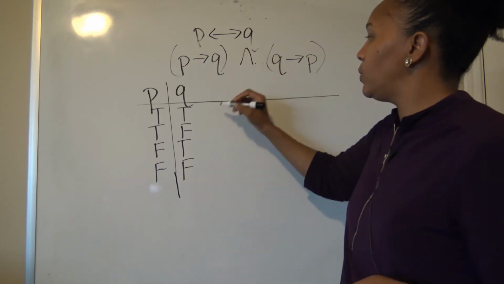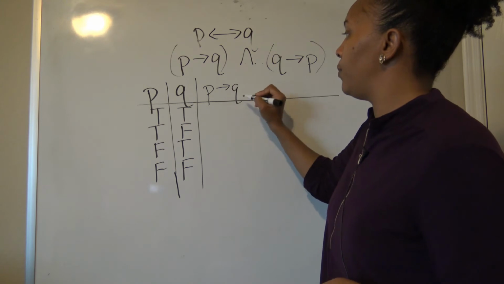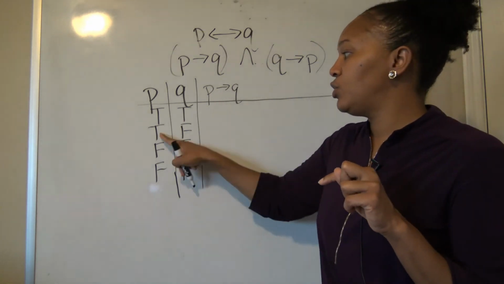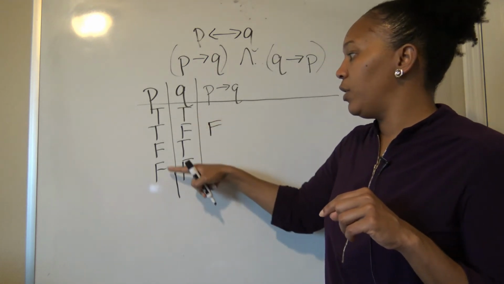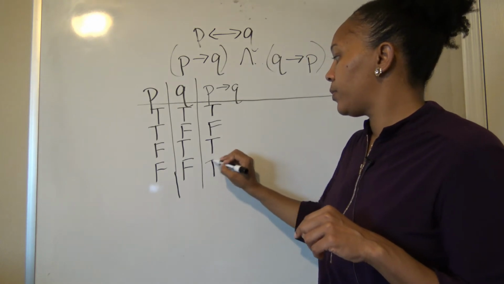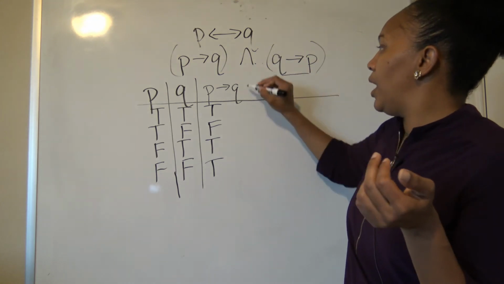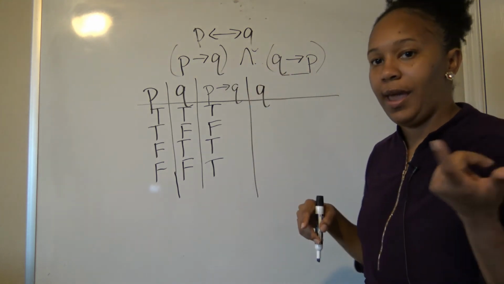And so for the first one, I need to know what is P implies Q, or if P then Q. And remember, that's false when the first one is true and the second one is false, which is here. And that is the only case where that happens, so the rest of these would be true. And now I will want to figure out what is Q implies P, because I need to combine these two together with the and.